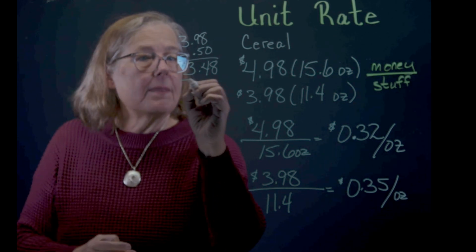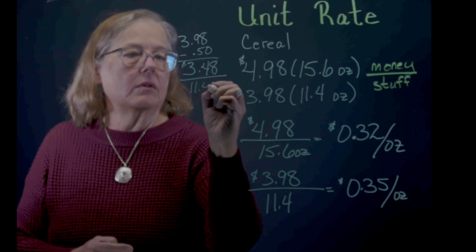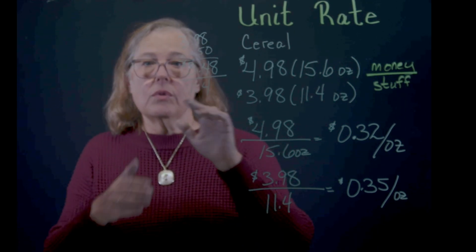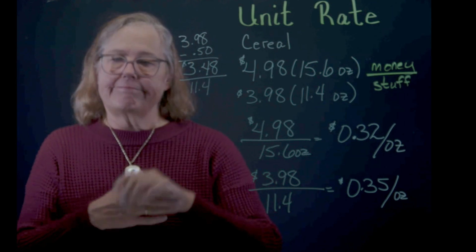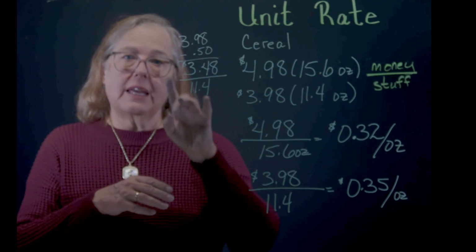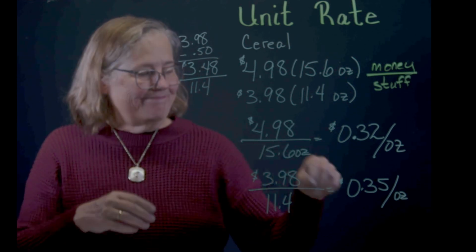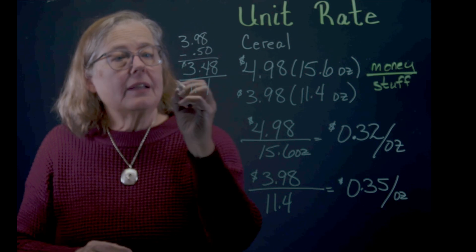So let's see how much it cost if we divide it with 11.4 ounces. So $3. Oh, hang on. Let me try that again here. $3.48 divided by 11.4. How much is that?